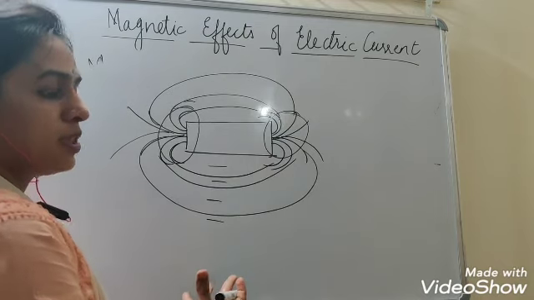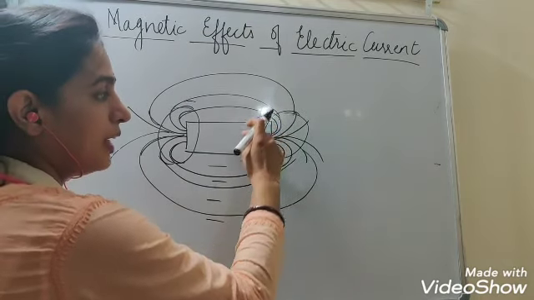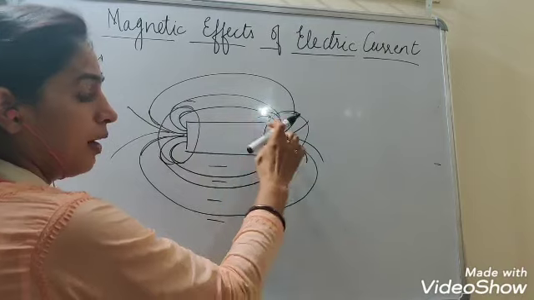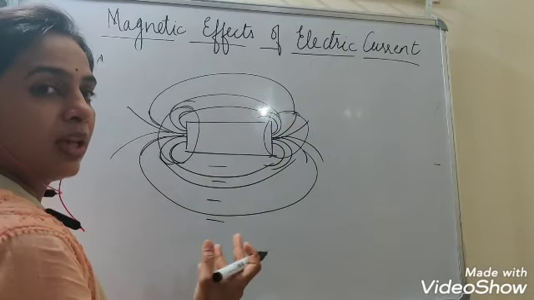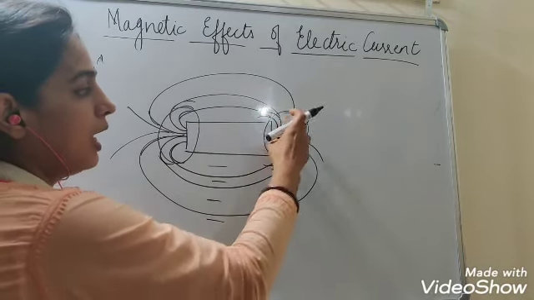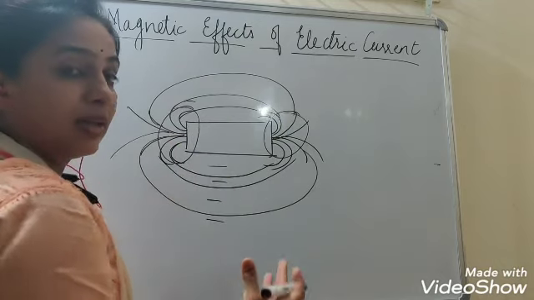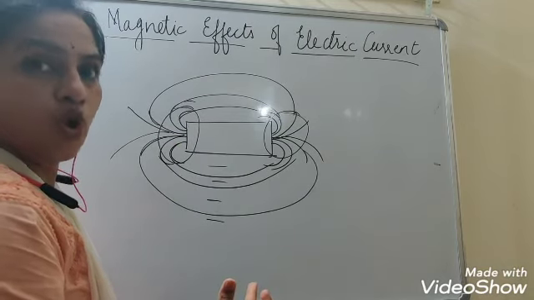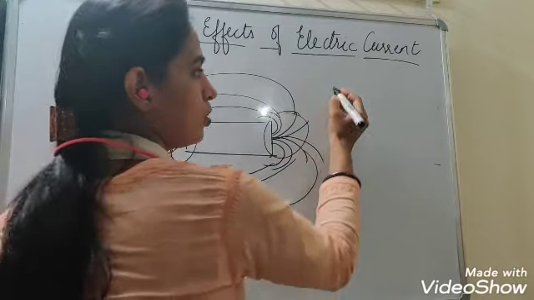Okay, what does this show? This shows that in this space around the ends of the magnet, where there are the poles of the magnet, the magnetic field strength is strong.